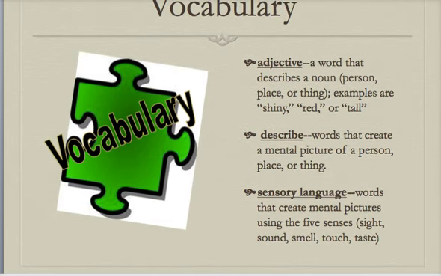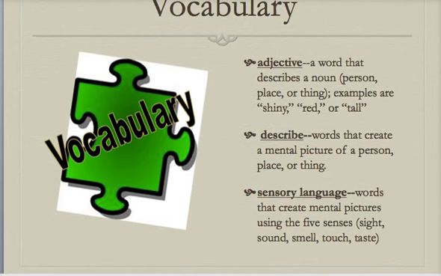And sensory language is words that create mental pictures using the five senses, which are sight, sound, smell, touch, and taste. So you are going to be using sensory language to describe your character using adjectives.